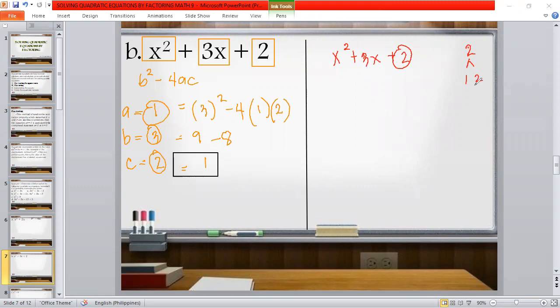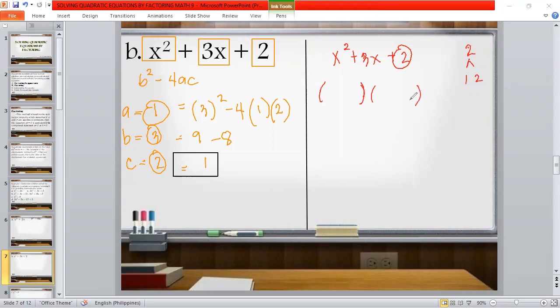Very good. So we have 1 plus 2 is equal to 3. Ibig sabihin, ito na po yung gagamitin nating factor sa ating expression. Ganito po siya lagi kapag po trinomial.